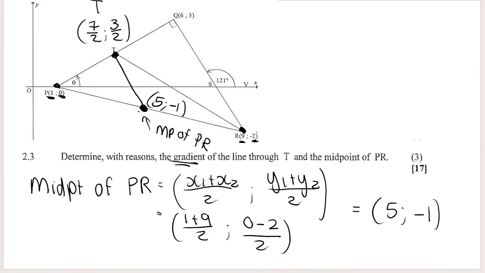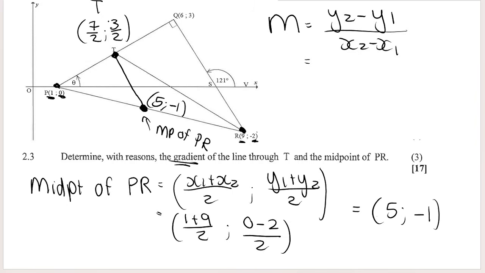Once I know both coordinates, I can use the gradient formula. So the gradient of this new line is y2 minus y1 over x2 minus x1. Now, it doesn't matter which one is your 1 and which one is your 2. I'm going to choose this one as my y2, this one as my y1.